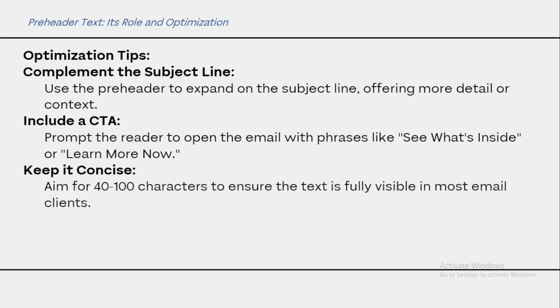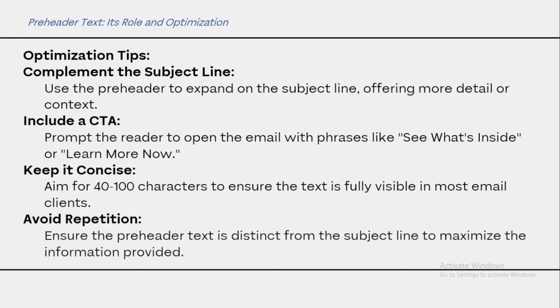Aim for about 40 to 100 characters to ensure the text is fully visible in most email clients. Avoid repetition. Ensure the pre-header text is distinct from the subject line to maximize the information provided, right? You don't want to waste your 40 to 100 character space by repeating your subject line, okay? You want to ensure that you have basically 2 commanding effects on your readers.